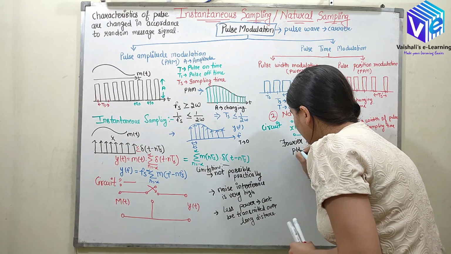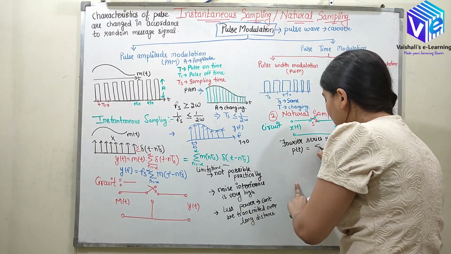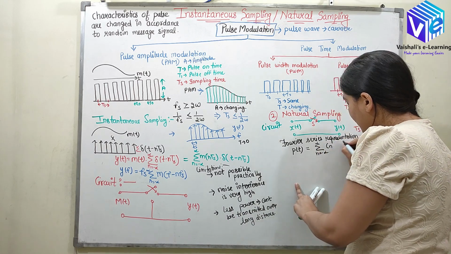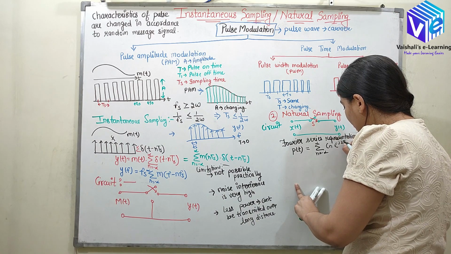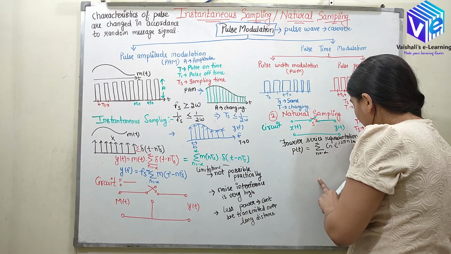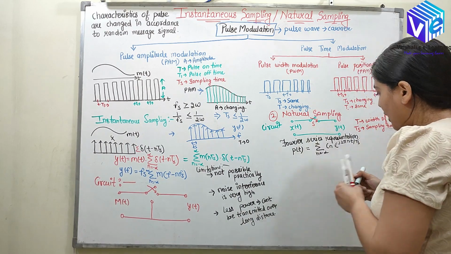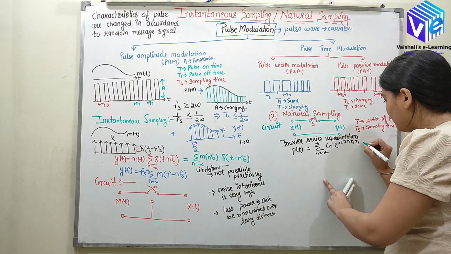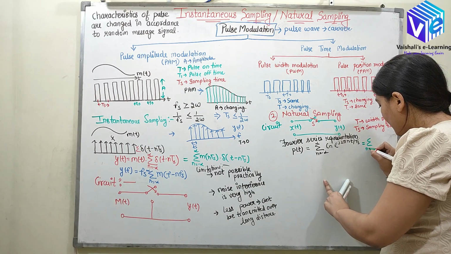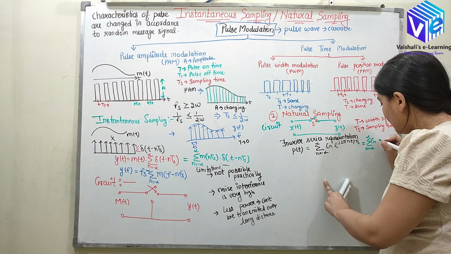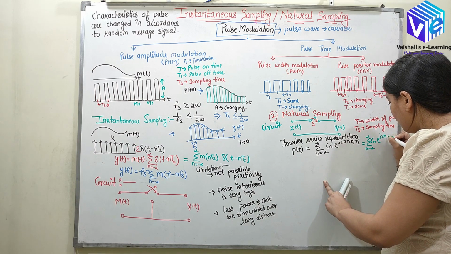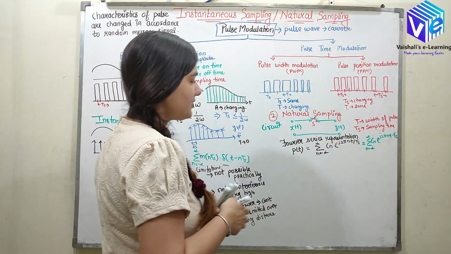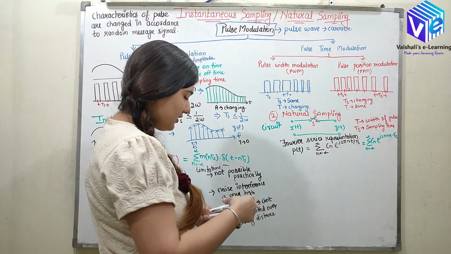The Fourier series representation of the pulse is denoted by p(t), which is equal to summation n equal to minus infinity to infinity Cn multiplied with e raised to power j 2 pi nt upon Ts. Now I know 1 upon Ts is Fs. So I can denote it as summation n equal to minus infinity to infinity Cn e raised to power j 2 pi n Fs t. So now this is the Fourier series representation of this pulse.